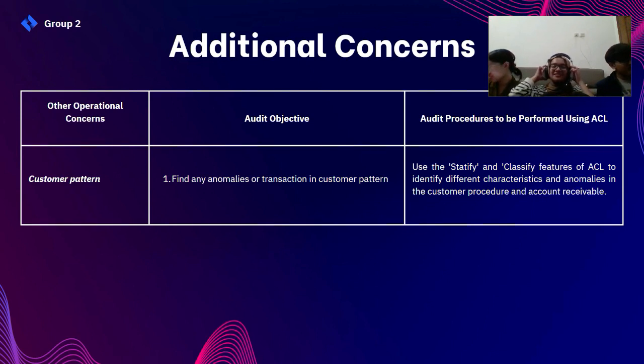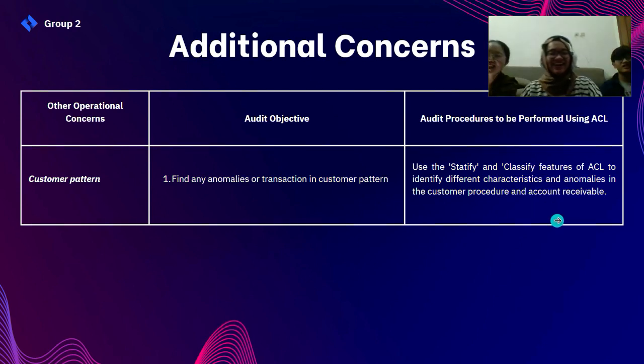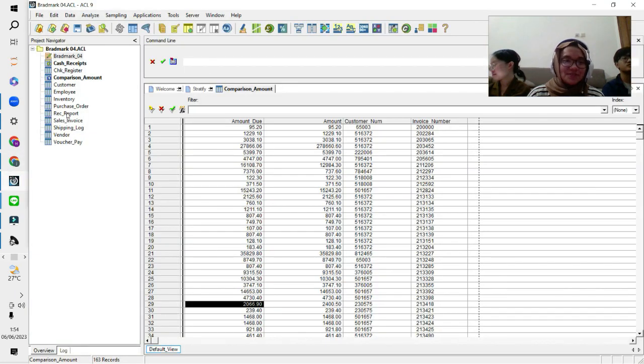So we want to focus more on the customer, because I think that's one thing that a lot of auditors tend to neglect. So next, going to the sales invoice again.